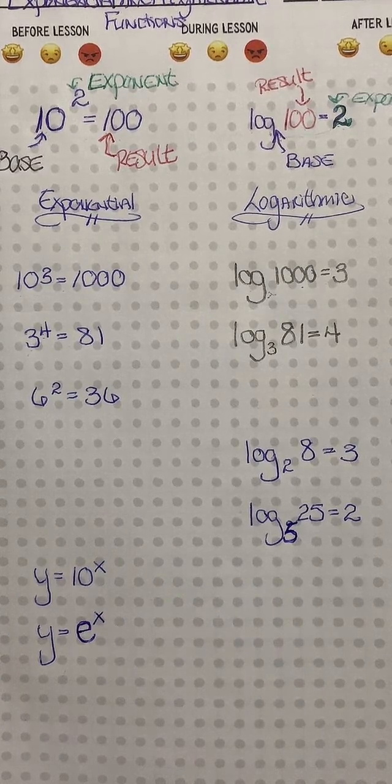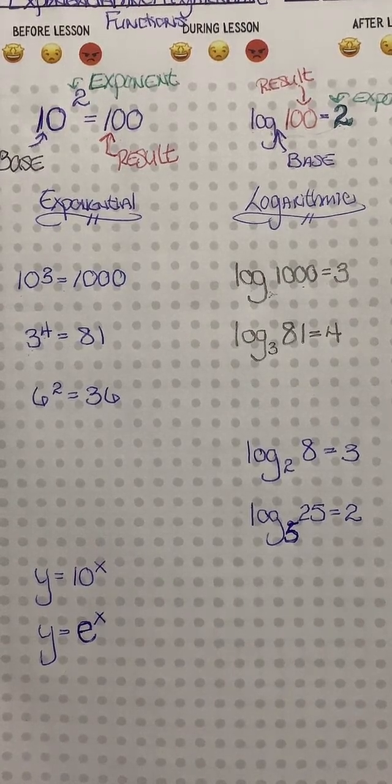So right now we're going to get to log. I know it's going to be kind of hard to write. So if you want to write it out in words, you can type it out in words. Or you can do that.